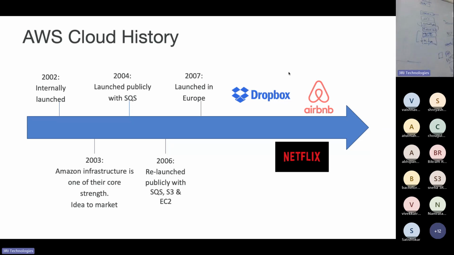That means there has to be some kind of interaction, right? You are the client, they are the servers. So normally when you do this kind of computing, what is it called? Client server architecture.